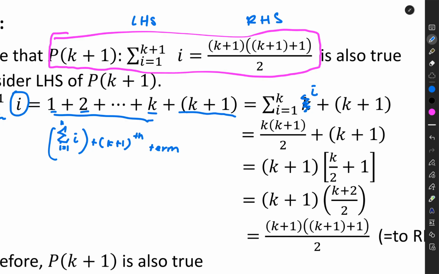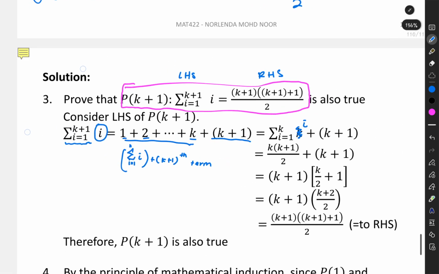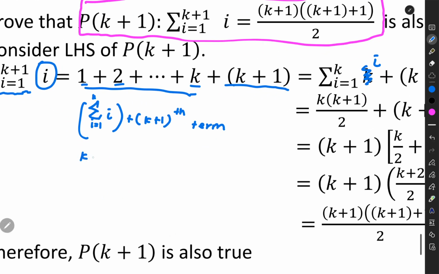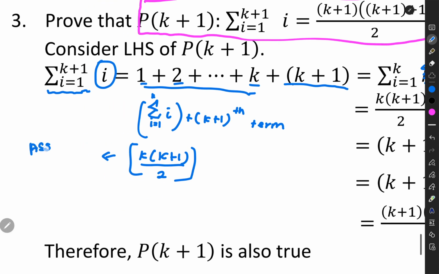Okay, the summation up until the k term by our previous assumption is that it is k times k plus 1 over 2. That is your assumption. Okay, which is yang ni lah. Ini saya return balik pula. And plus the k plus 1, which is k plus 1. Okay, so the k plus 1 term is the k plus 1.